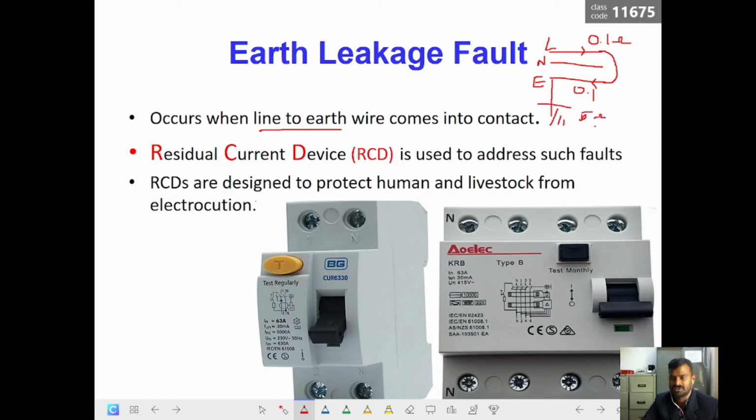Ideally speaking, you should not have a very high resistance for the ground. So if I take 5 ohms, 5 plus 0.1 and 0.1, then 240 divided by, say for example, 5 ohms. So what happens?